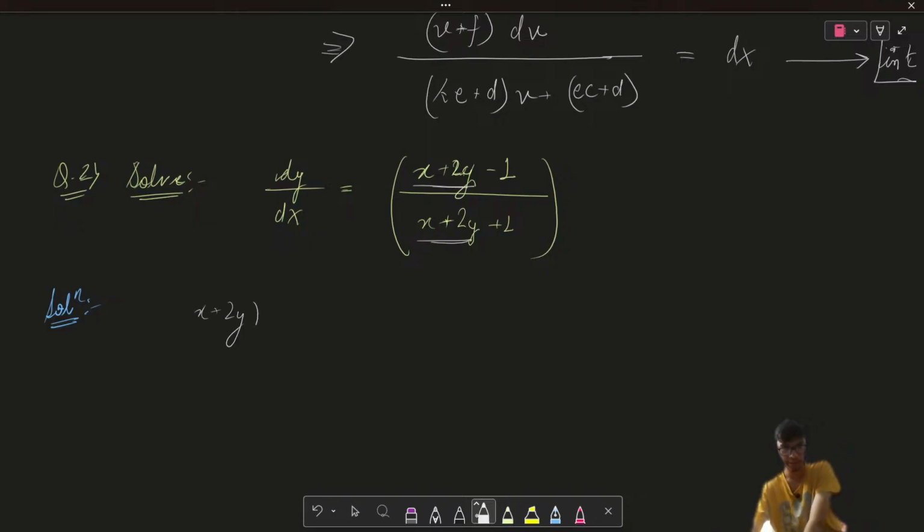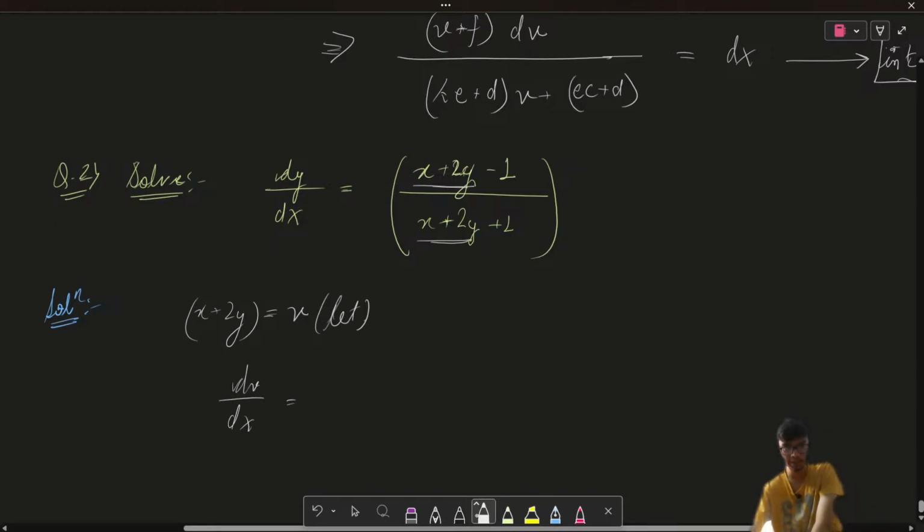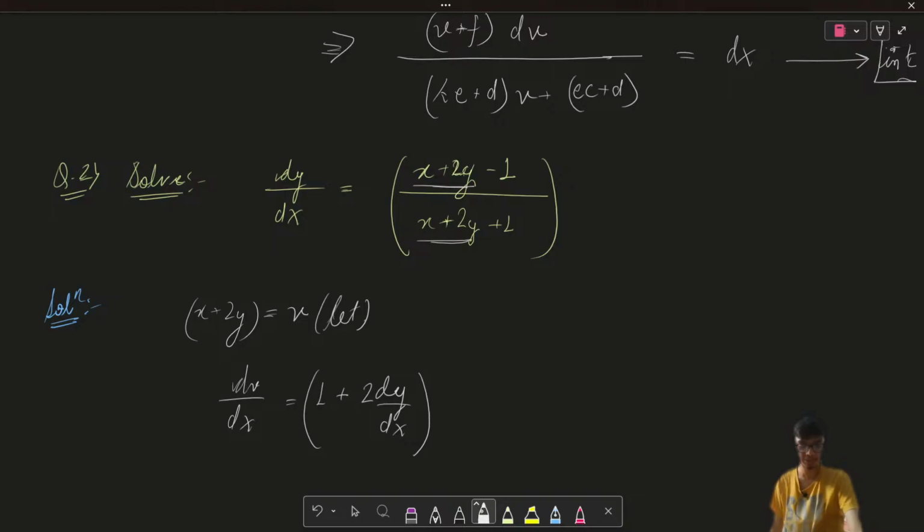So if I assume x plus 2y as some v, then dv upon dx is equal to 1 plus 2 times dy upon dx. Then this is going to be of this form. Is this clear?